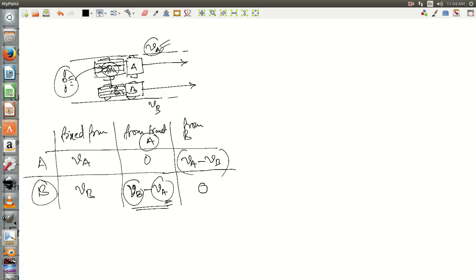Why so? Because although the truck A is moving with a velocity Va, we are also moving onto the truck B with velocity Vb. If you are moving with this velocity, the truck A will be observed to be moving with the velocity Va minus Vb.